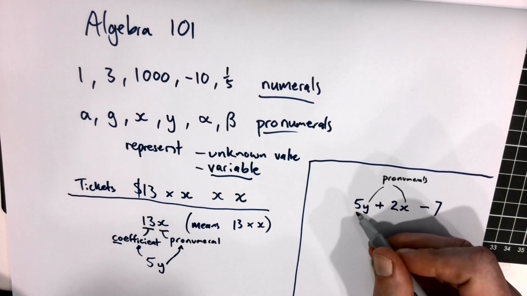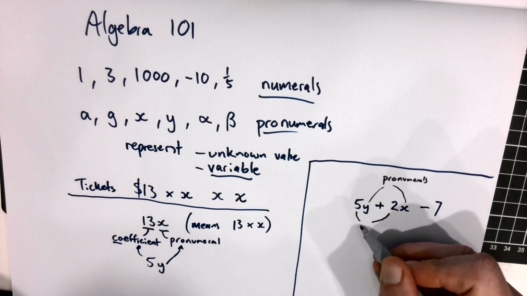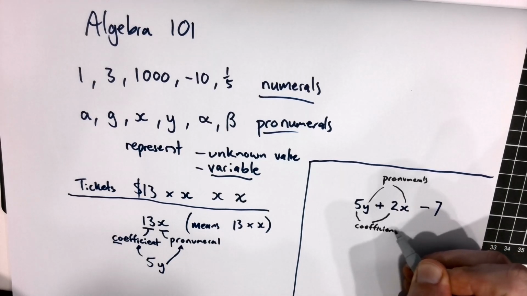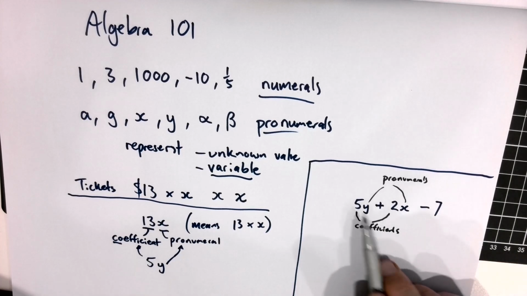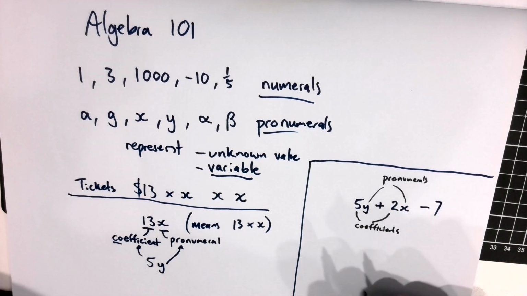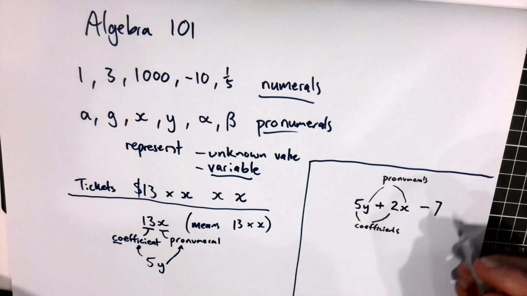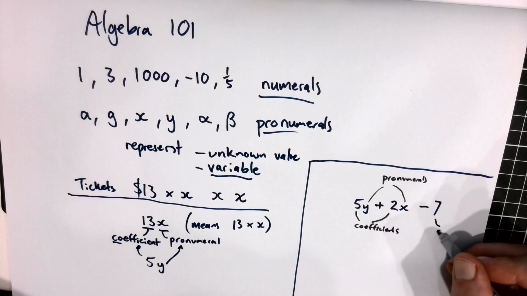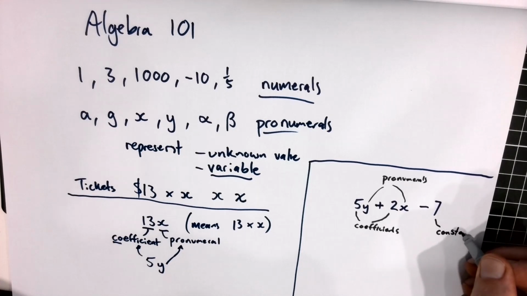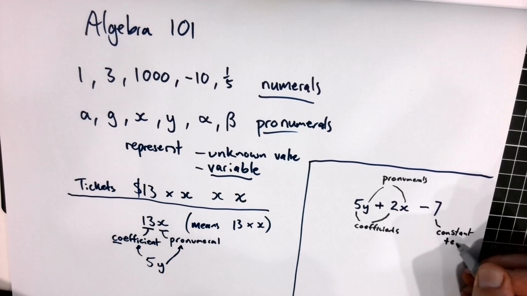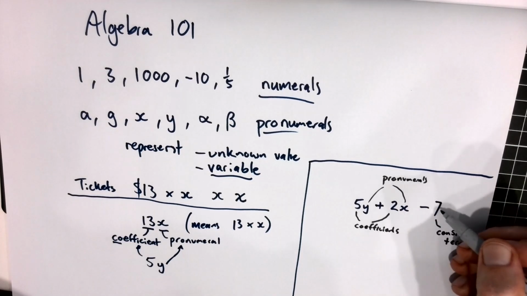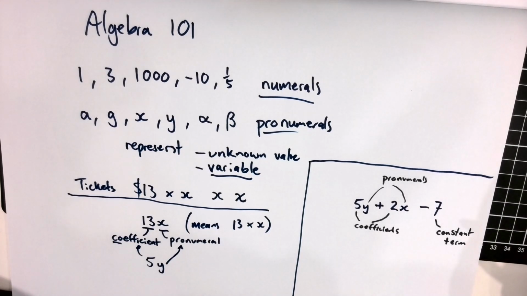And we know that these two numbers out the front here are called coefficients. 5 is the coefficient of y, and 2 is the coefficient of x. This one over here that doesn't have a pronumeral, we just call that the constant term. That's the constant term. It's because whatever I do, it's always 7.